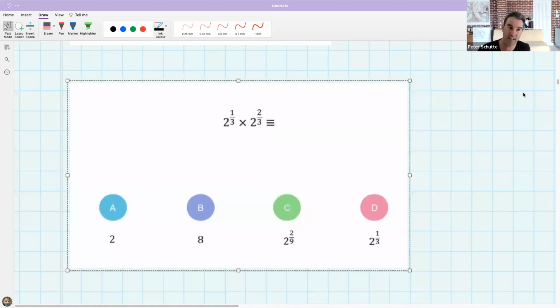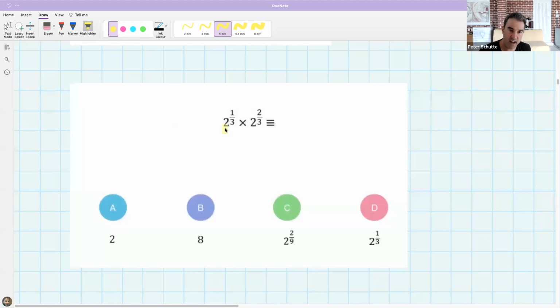And I think I'm going to take Craig's advice. I noticed that the bases are the same. And I feel like that is going to mean that I write down a 2. Now it's just a question of what the power is. And law 1 says just add the powers. So 1/3 plus 2/3, but now I know my fractions.